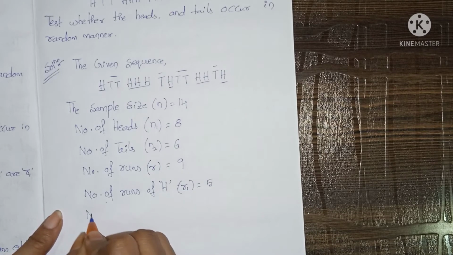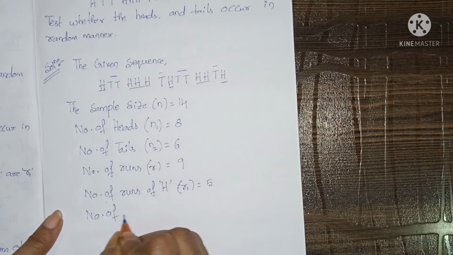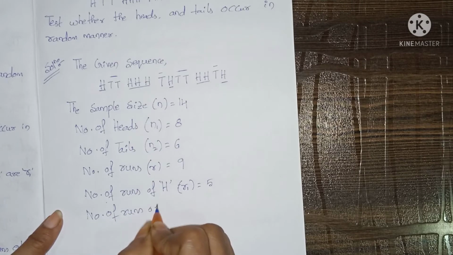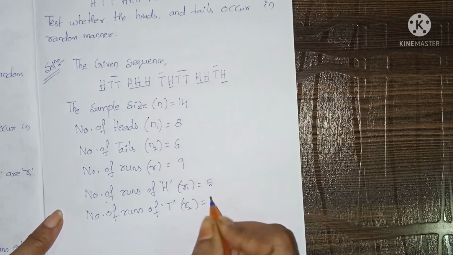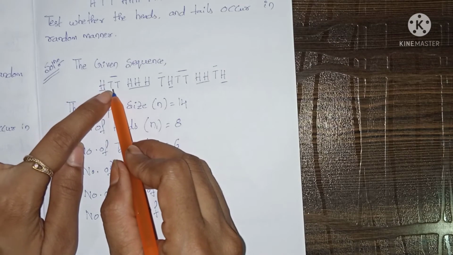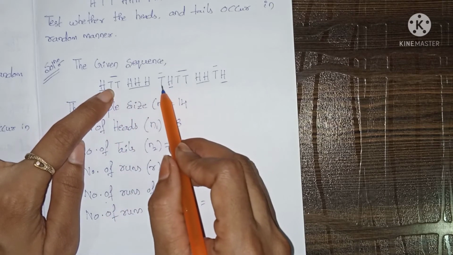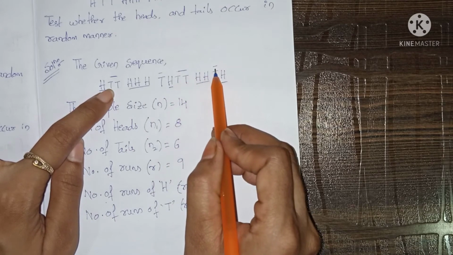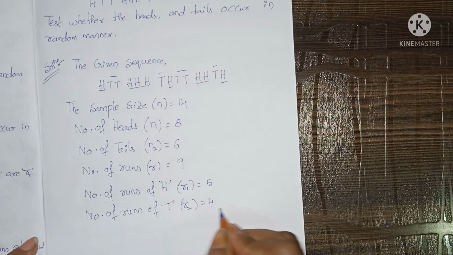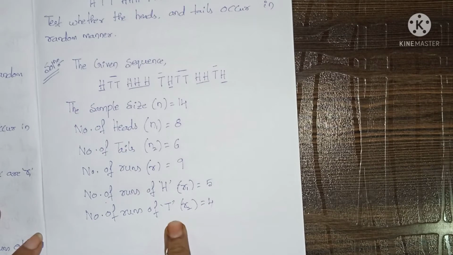Next, the number of runs of tails is denoted with R2. This is the first run, second run, third run, fourth run. So only 4 runs belong to tails.